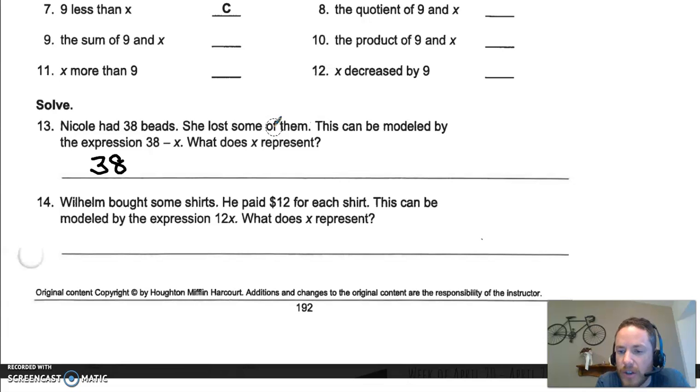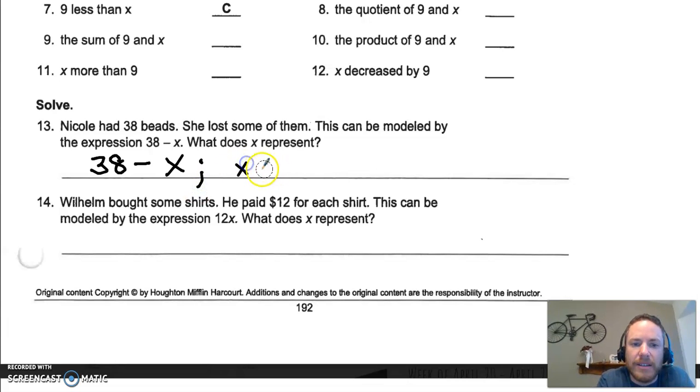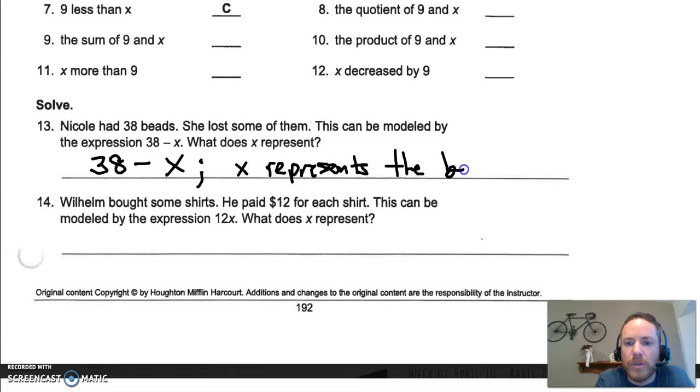What's the operation that lost would indicate? It means decreased or subtracted. And then it says some of them. Well, the expression down below says 38 minus x. And then it says, what does x represent? X represents the beads that Nicole lost.